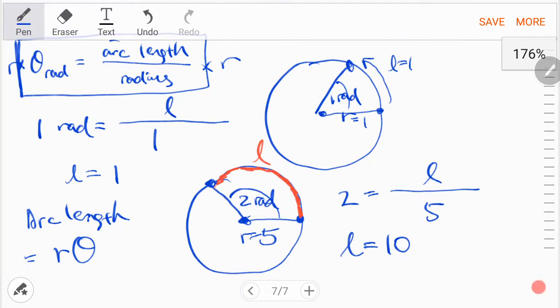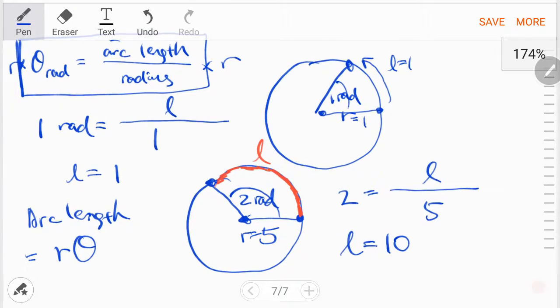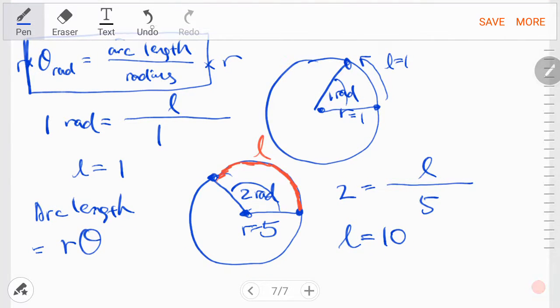This should not be another formula that you need to remember, because we should know the definition of radian, which is the ratio of your arc length and your radius. If you know that, you should not have to remember this formula. But if you want to, when solving questions, that might be a bit faster.